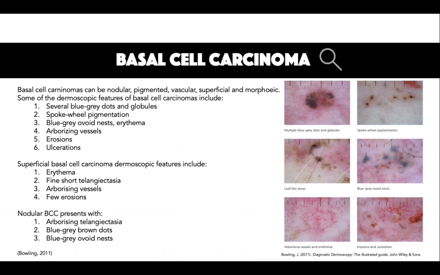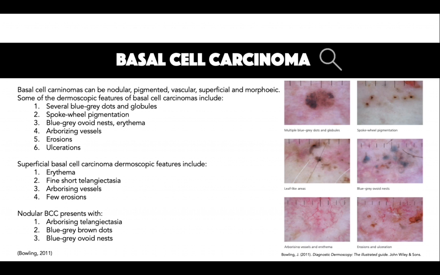These can be nodular, pigmented, vascular, or superficial, and the main dermoscopic features include several blue-grey dots and globules, spoke wheel pigmentation, blue to grey ovoidness, erythema, arborizing vessels, erosions and ulcerations.